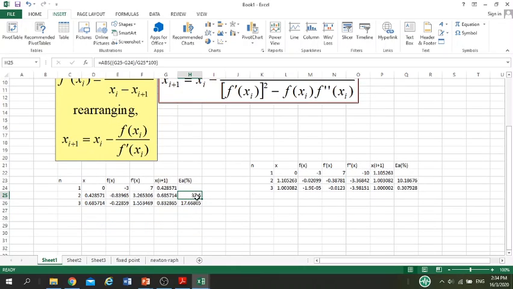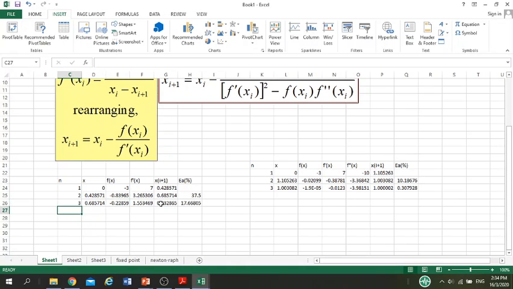So you see here, for the second iteration, it is 37% of approximate error relative to the first iteration. So we repeat for the third iteration using the value of x previously calculated. Okay, and repeat the same step all over.